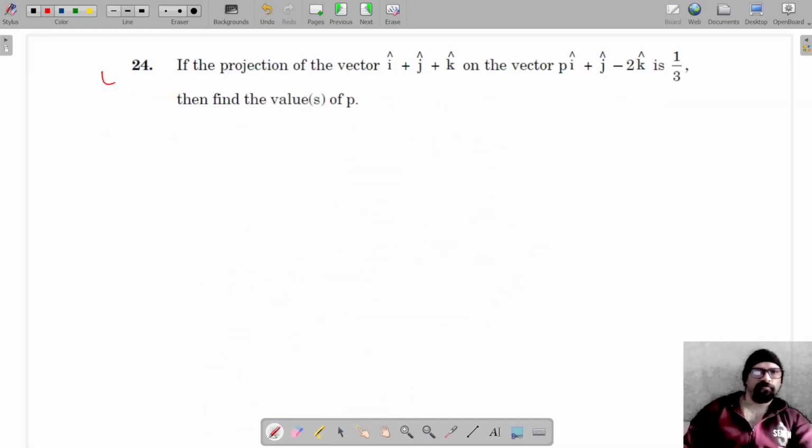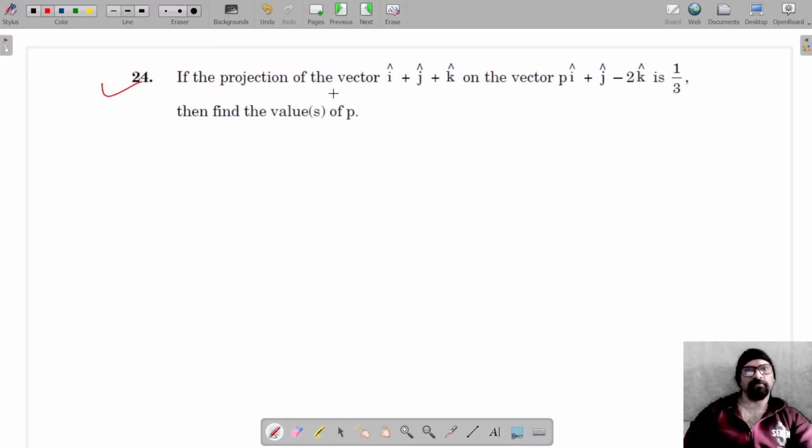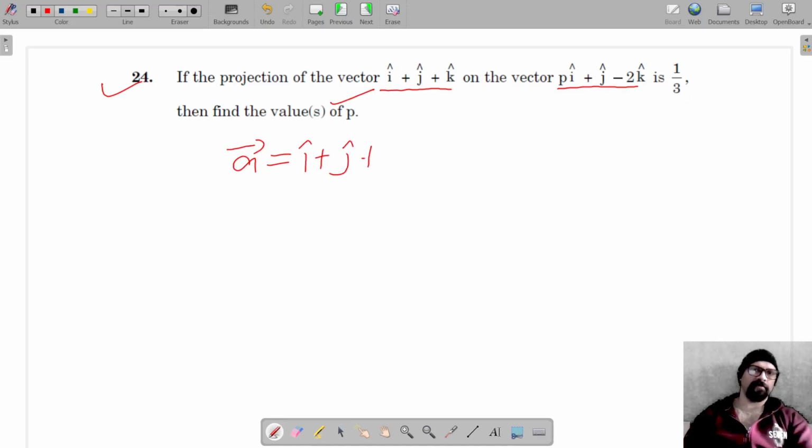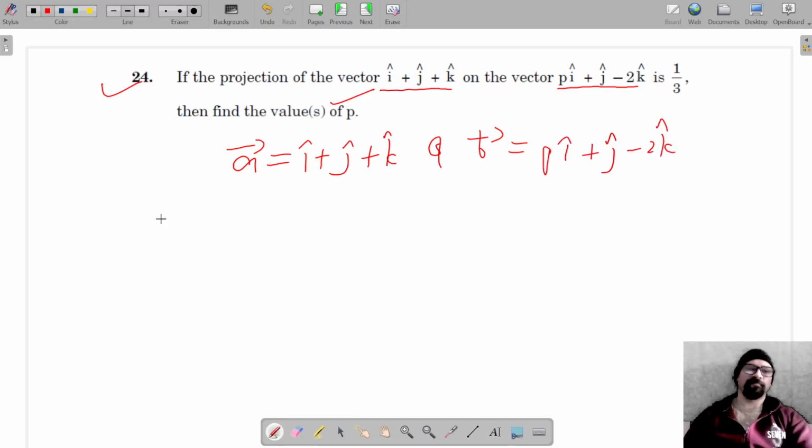For question number 24, it's given that the projection of vector i cap plus j cap plus k cap on p i cap plus j cap minus 2k cap is 1 by 3, and we have to find the value or values of p. So let the first vector be vector A, which is i cap plus j cap plus k cap, and the second vector B is p i cap plus j cap minus 2k cap.